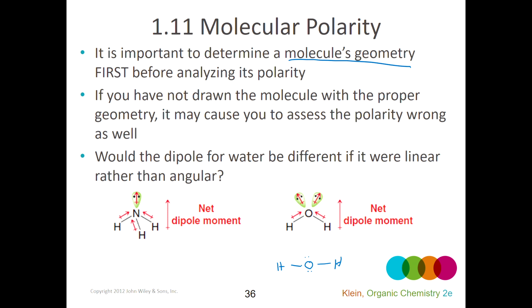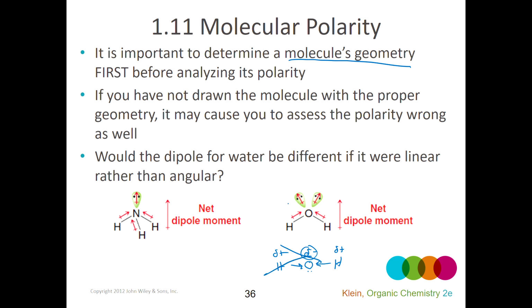There's still an electronegativity difference between oxygen and hydrogen, creating a negative and positives. But in this case, if the two positives are spread out evenly on either side of the oxygen, then the average or central position of positive would be right between them, which is where the negative is, and it would cancel out and I would have no net dipole. So I would start to think that water is not polar, and that's not true. Water is obviously very polar, so I have to analyze geometry first.